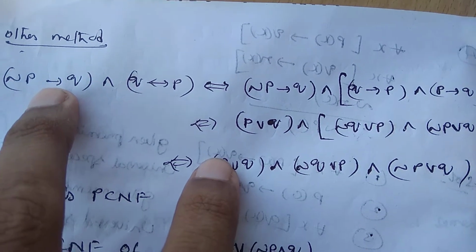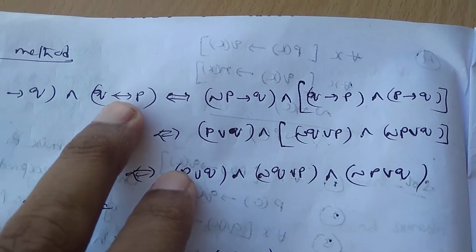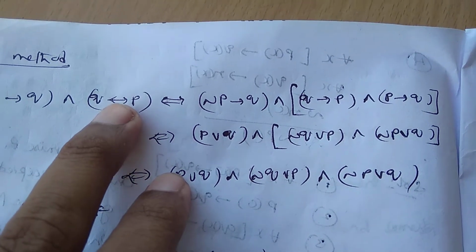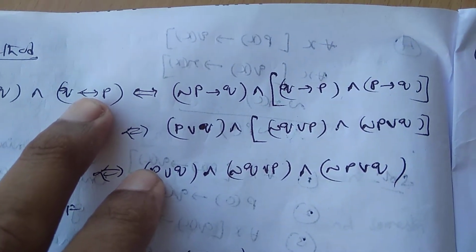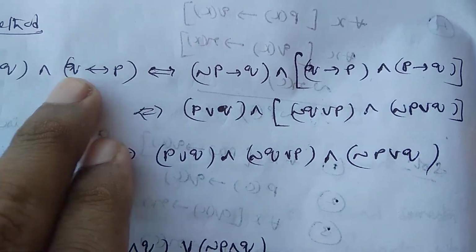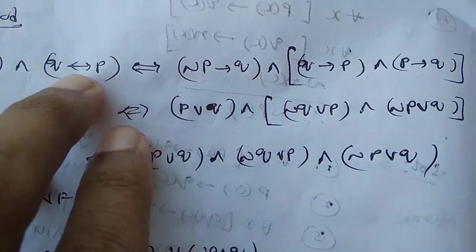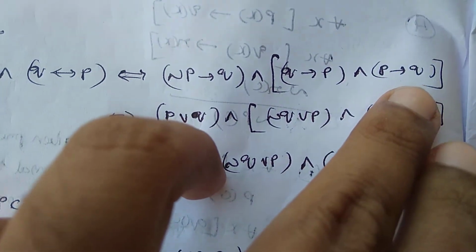Here the if-then symbol is there, and the if-and-only-if symbol is there. So first try to convert into AND and OR symbols. First you keep P implies Q the same, and you can write the equivalent formula: if Q then P, and if P then Q.